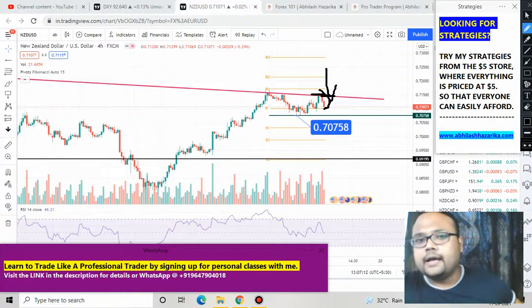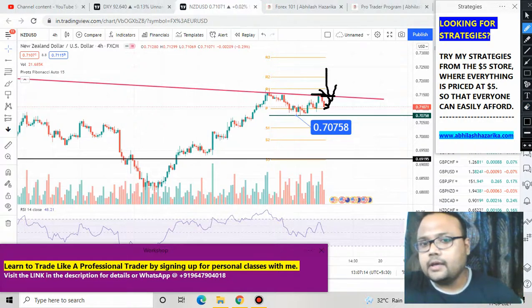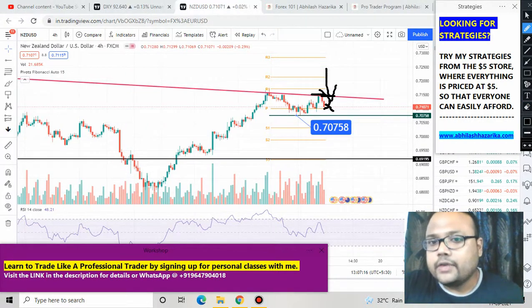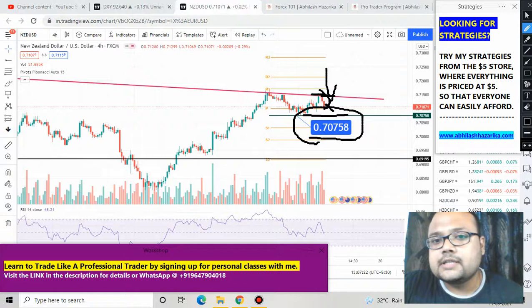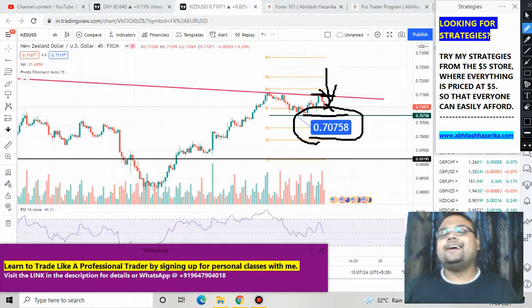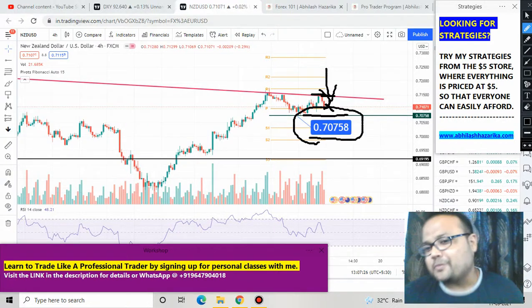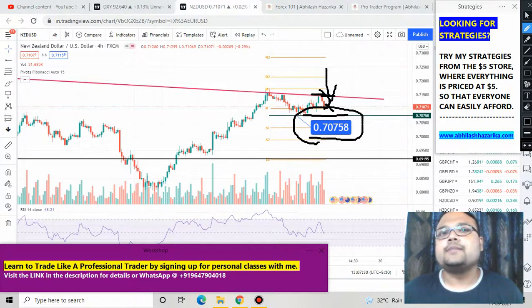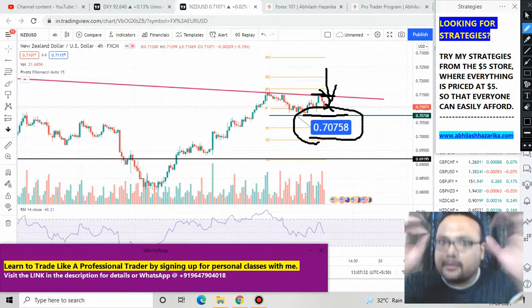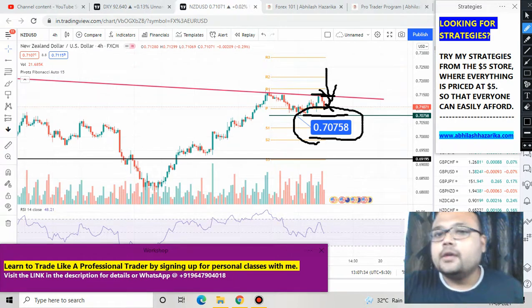On the other hand, if the market goes down and reaches the support here, the temporary support of the 7075 level, again just observe the price and see how it reacts. If you see the market trying to take support at the level and trying to bounce, you can go for a buy.